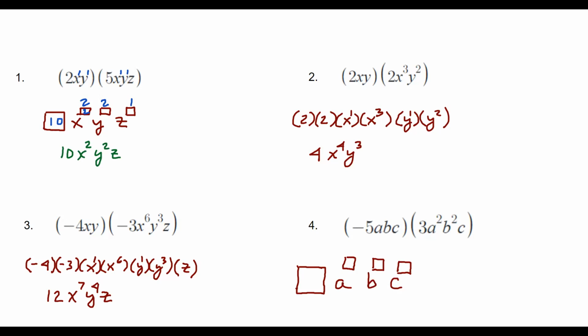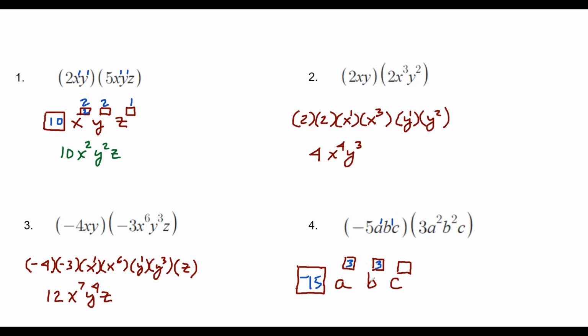Let me change my color. -5 times +3. Because one of those numbers is negative, we know that the product will be negative. 5 times 3 is 15, so -15 is our coefficient. How many a's do we have? 1 a plus 2 more a's. We have 3 a's. 1 b plus 2 b's.